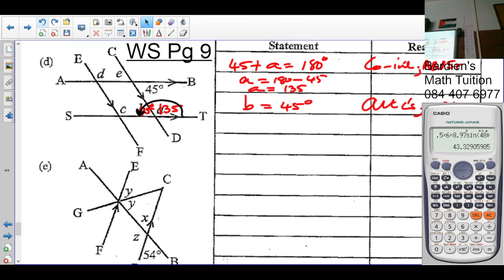It's correct. If you see the angles on the straight line, they are sharing the same vertex and the same arm. It's adjacent supplementary. That's the straight line. It's nothing to do with this angle C. Okay?